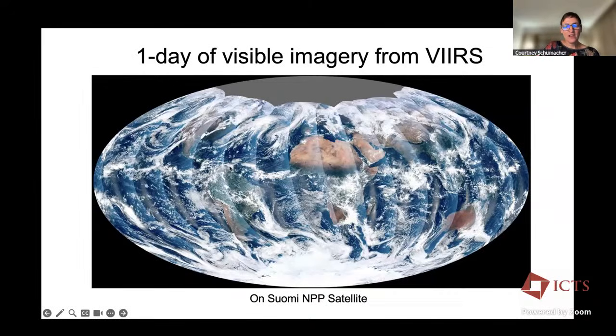And you can see a lot of complex cloud structure in the tropics, where we have more organized ITCZ regions, more pocketed stratocumulus regions, and intense convective regions over the continents. And so we want to think about the convective cloud types in the tropics that contribute to this cloud field.